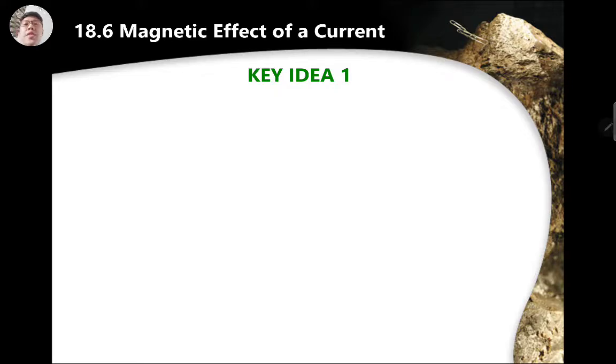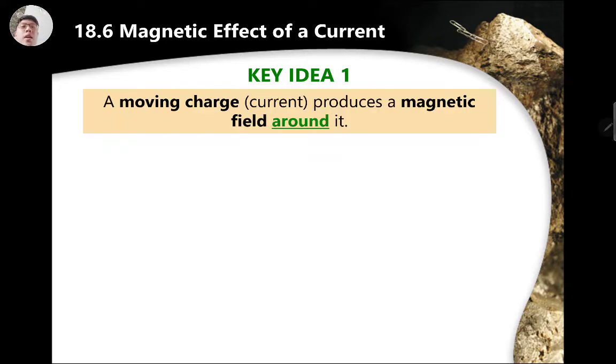So the key idea one, which is super important that you need to understand, is that a moving charge or current produces a magnetic field around it. What is this moving charge thing? Basically, I'm trying to connect back with the very earlier topics you learned.